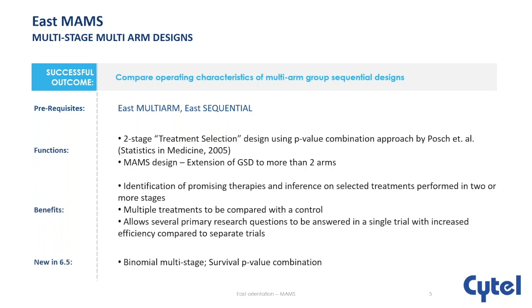This is part of the functionality of East, although we're not going to be covering that. Today we're going to be seeing the group sequential extension to more than two arms, which will lead us to identifying promising therapies, comparing multiple treatments at a time with control, and allowing several primary research questions to be answered in a single study.